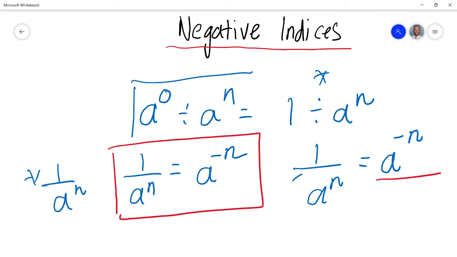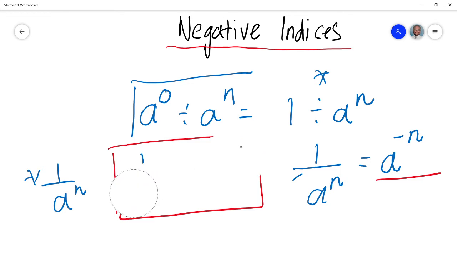Those are more complex questions. But before we go there, I think it's important that we build our confidence and solve smaller questions, and then we move on to intermediate and then complex questions. All right. So now that we've established 1 over a to the power n is equal to a to the power negative n, let's do some questions.